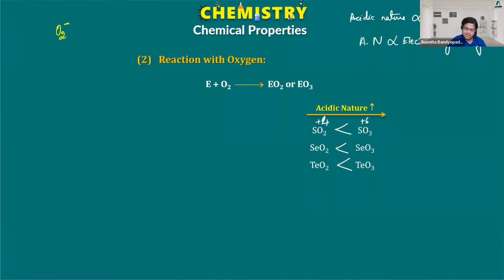Amphoteric. Okay, this one is superoxide. Amphoteric TeO2. TeO2 actually, honestly, what I can recollect is it can act as a basic oxide. Will it react with acids as well as alkalis?